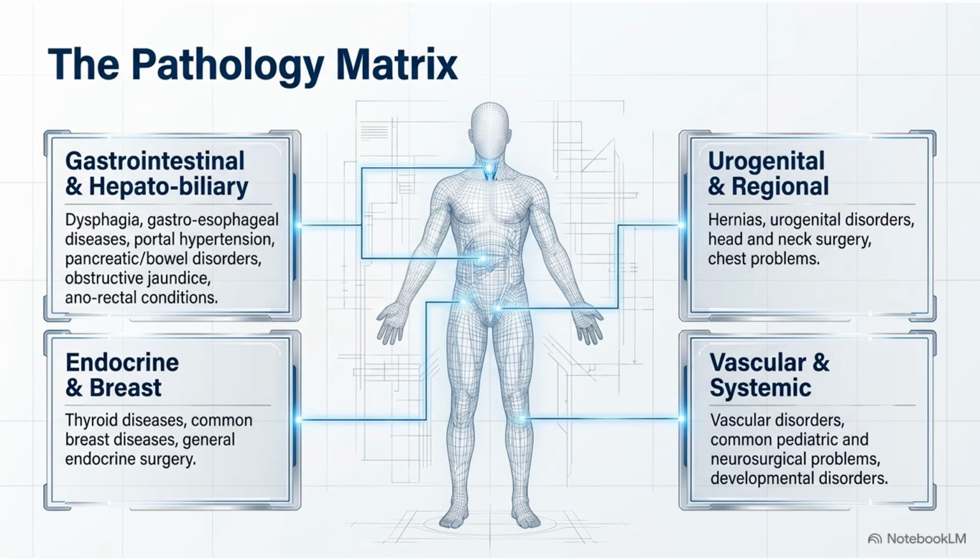You will go through all the pathology matrix: the GI system, the endocrine system, breast and other endocrine areas. Thyroid is the main condition, the common disease that we have in our country. As I mentioned, other specialties like urology, vascular, neuro, and pediatric surgery are an important component in our teaching, as the young and pediatric age groups comprise a significant percentage of our population.